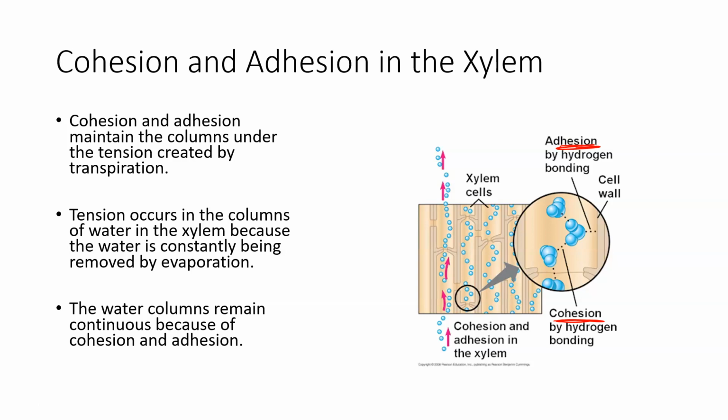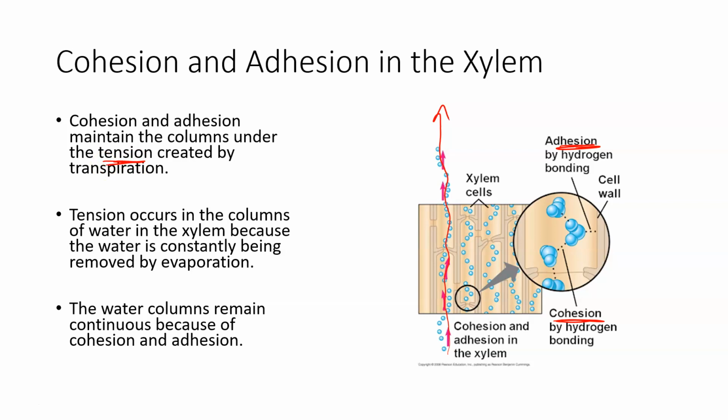And so because we have water molecules attached to all water molecules in this chain, it causes a chain of water molecules that are constantly being drawn up from the ground to the environment, and it creates a certain tension that is created by this transpiration stream or this transpiration pull.